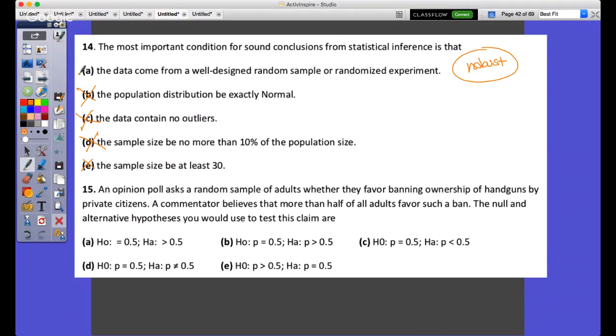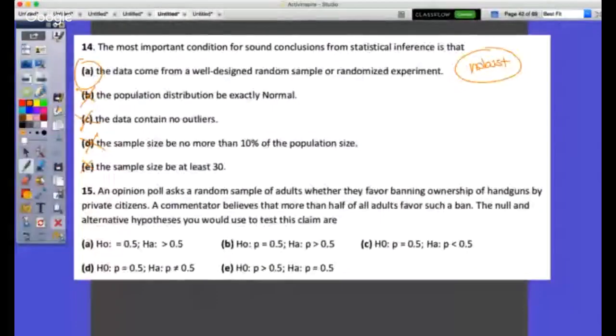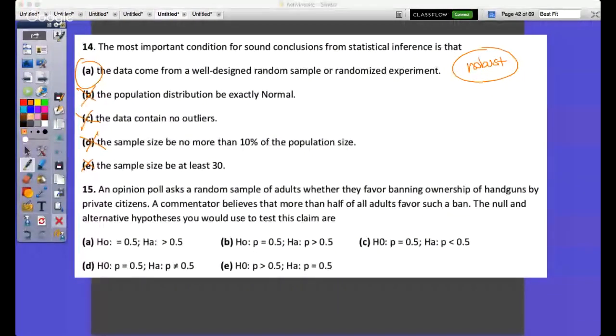And the reason why that is because that allows things to be robust, which if I do take a well-designed random sample, that allows me to overcome some inefficiencies with some of these other things possibly, okay? So that's why A is the most important based on the robust factor that's there.